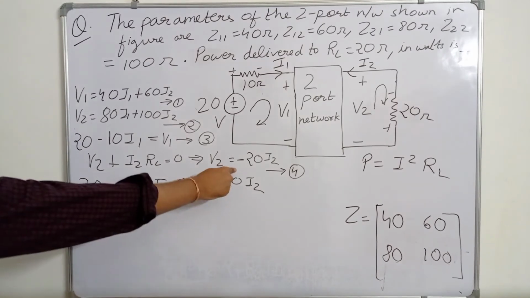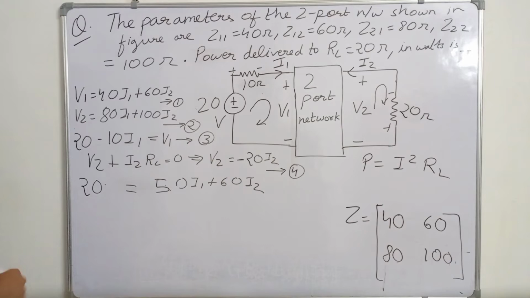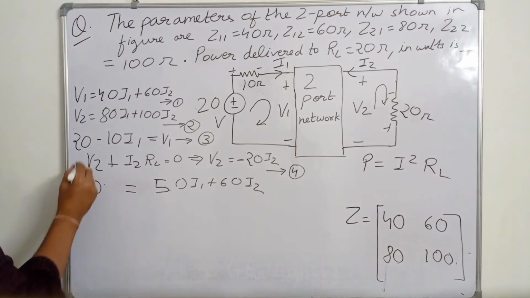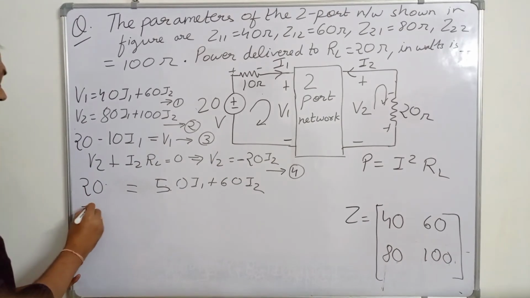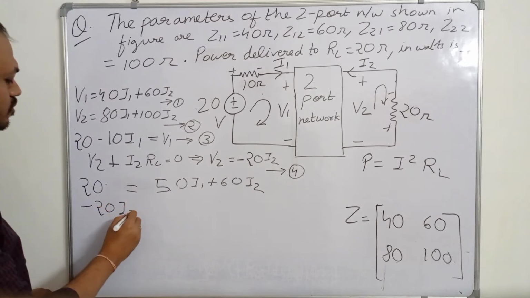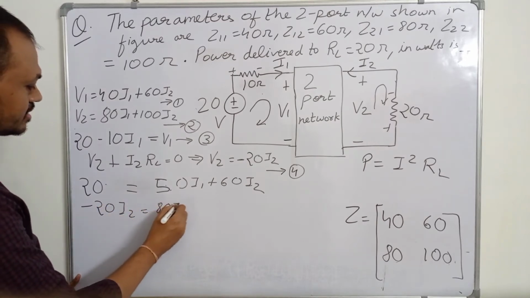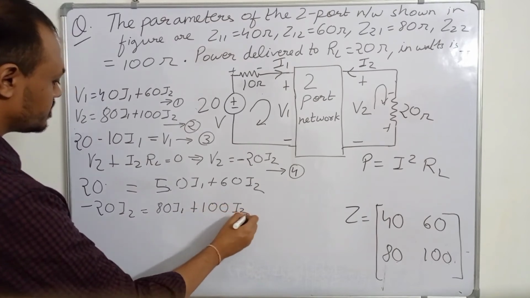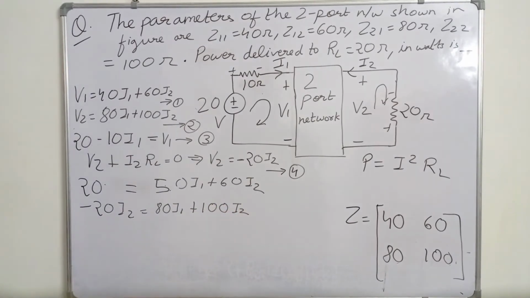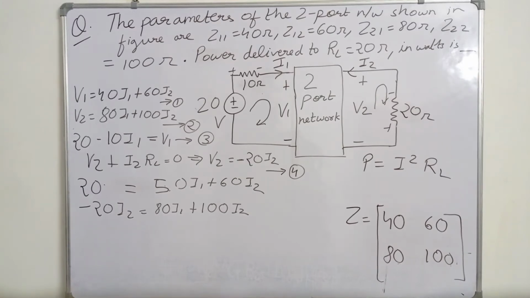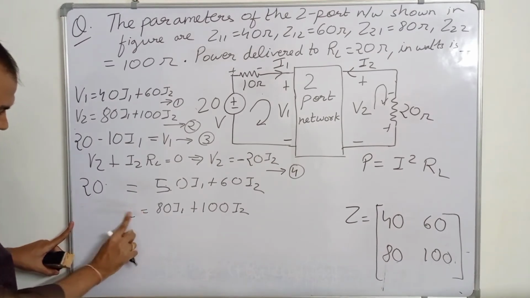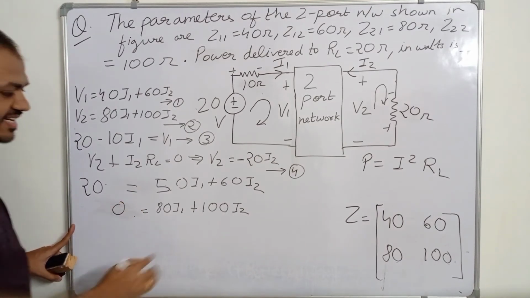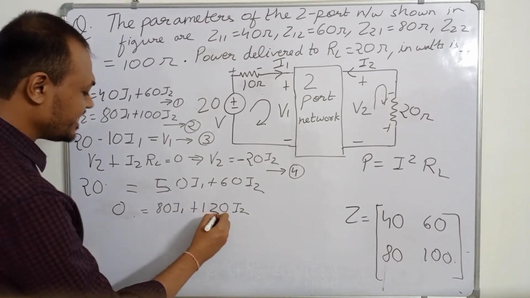And if you put the value of V2 from equation 4 in equation 2, then we get minus 20 I2 equal to 80 I1 plus 100 I2. So we will get 0 equal to 80 I1 plus 120 I2.